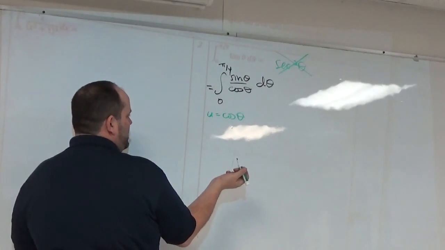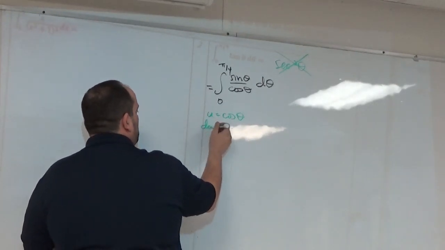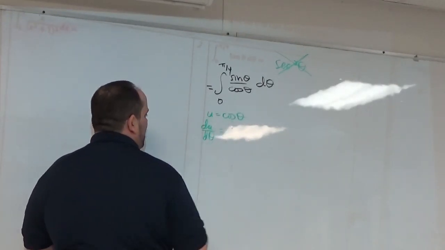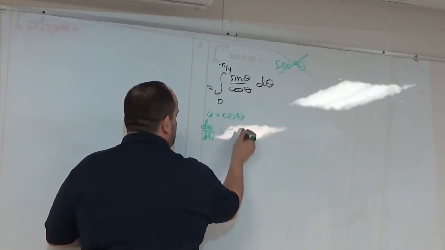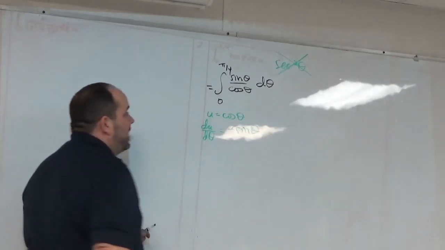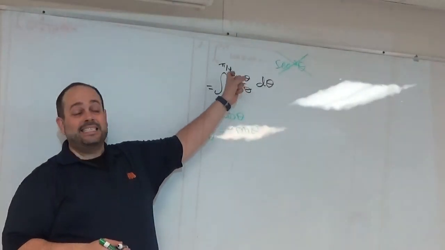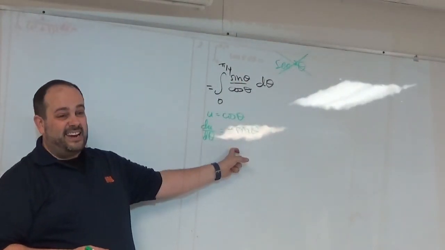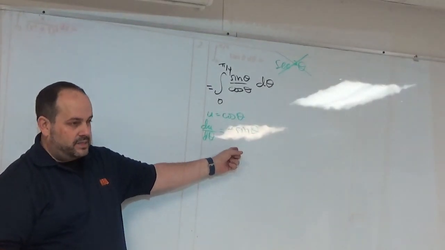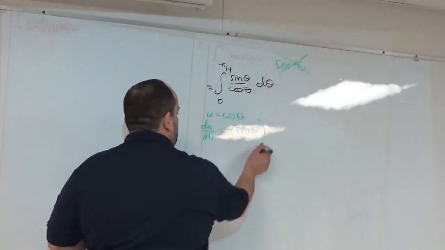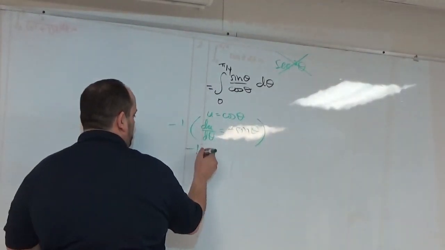What's the baby? u is the cosine of theta. And the derivative of the baby? du d theta is not sine theta. It's the negative of sine theta. What you have in your integral is sine theta. What you have down here is negative sine theta. I think we can fix that. You could multiply both sides by -1.